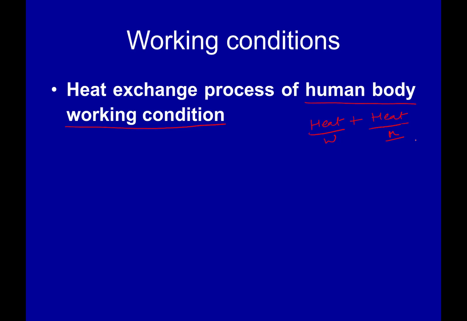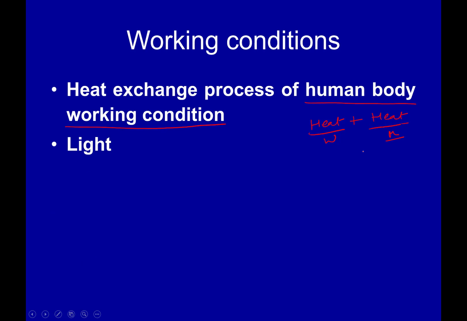So how does the human body respond to the working conditions as far as the temperature is concerned? Too high a temperature or too low a temperature, both will adversely affect the output and the performance of the worker.